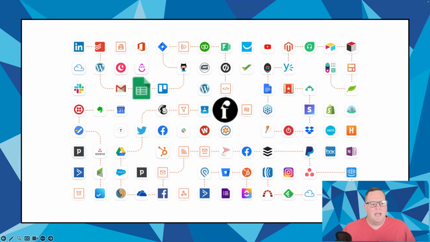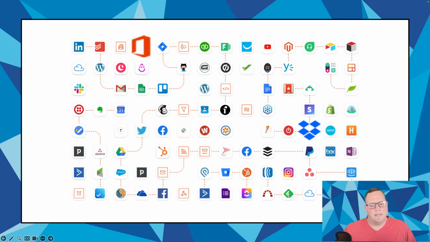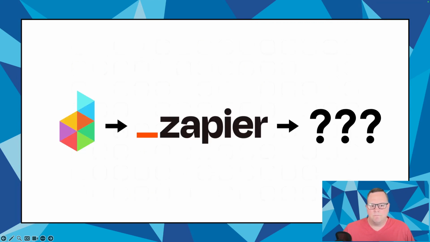If you want to make a record of everyone who unsubscribed from your email list and put them in a Google Sheet, that's pretty easy too. If you want to automatically save all of your email attachments and put them in a Dropbox folder, there's a Zap for that too. So just about any virtual process that you can imagine in making two or more web-connected apps talk to each other can be automated with Zapier.